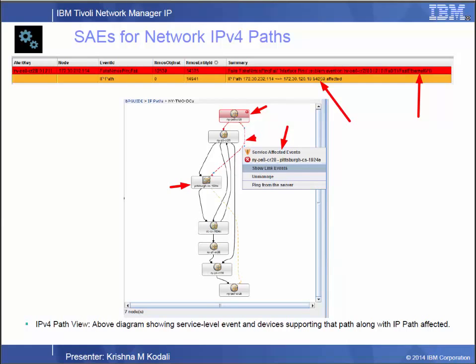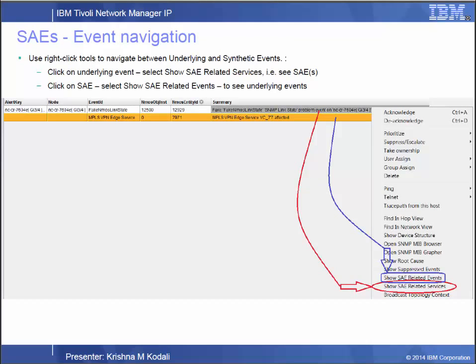That's the key here. Okay, so we do have a couple of tools to navigate between the underlying and synthetic events. In the previous example, we have seen the MPLS VPN, and the underlying event is the gigabit 3/4 going down. When you right click on that event, you can click on show SAE related services, that would bring up the second one here, which is the MPLS VPN Edge VC77 affected.